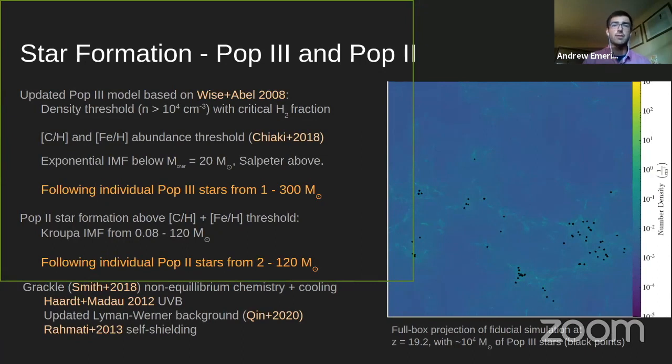Below 2 solar masses, I aggregate the stars together into a single star particle, mostly because we only plan to run these simulations to about redshift 7, which is less than the lifetime of one of those stars. And we fold that in with Grackle non-equilibrium chemistry and cooling, with a UV background, an updated Lyman-Werner background, and a self-shielding model of the gas against the UV background.